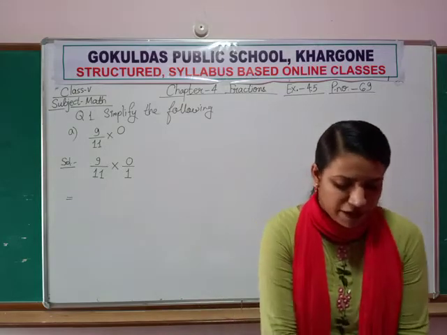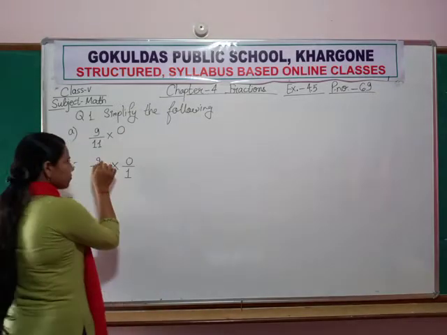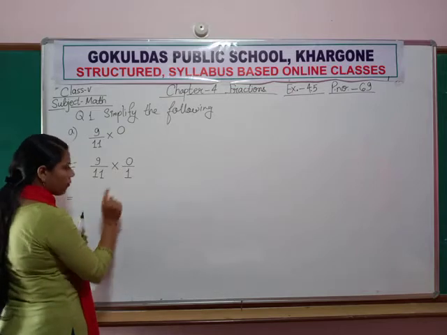So how to multiply? Remember the two simple steps. Step 1 is to multiply numerator with numerator and denominator with denominator.